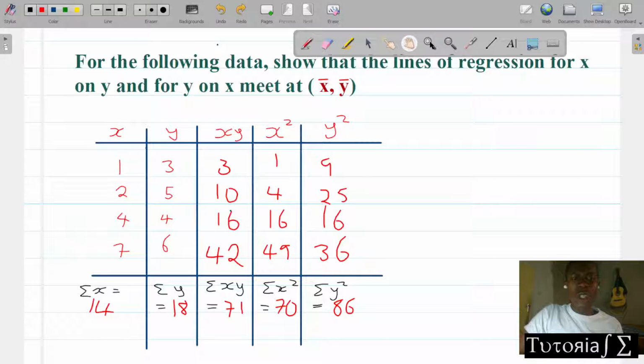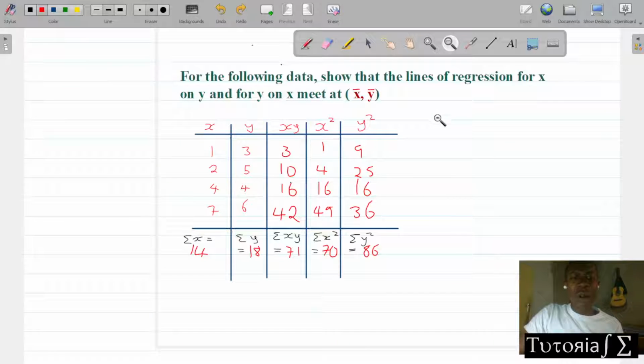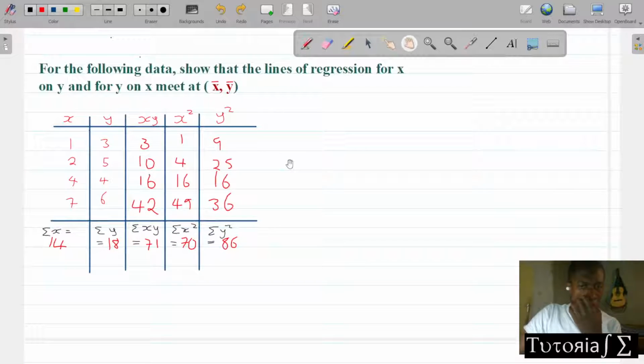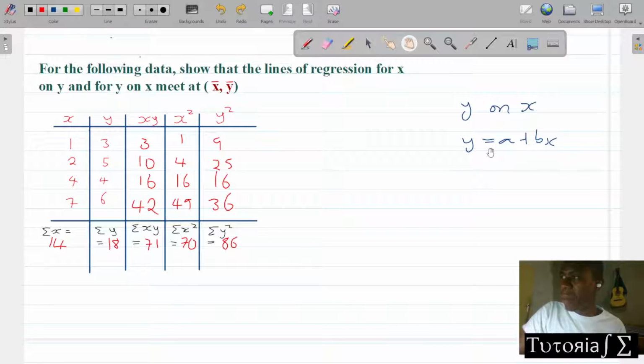Now we are going to point out some facts that we need. What do we need for y on x, and for x on y? For y on x, the line is governed by the equation y equals a plus bx, and the estimate for the mean is given by y bar equals a plus b x bar.